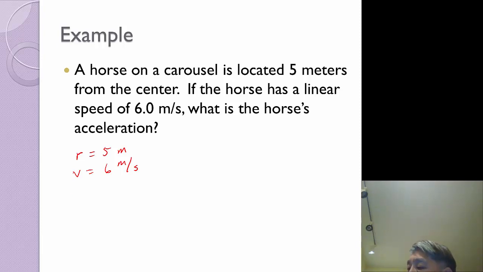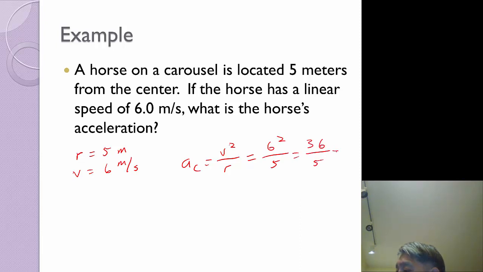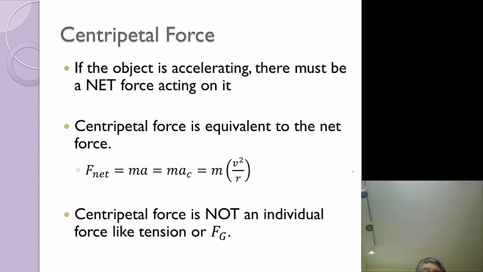In this case, since I'm trying to find the horse's acceleration, and I'm given that it's going in a circle, or at least carousels we're familiar with go in a circle, so centripetal acceleration is equal to v squared over r, or 6 squared divided by 5, giving me 36 over 5, or 7.2, and it's the same meters per second squared.